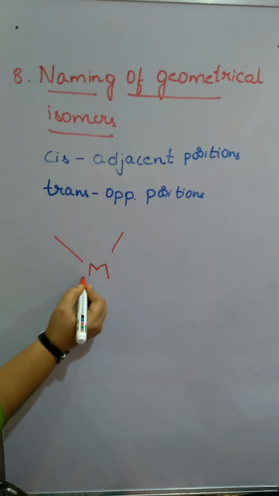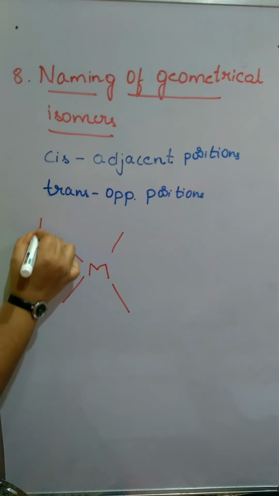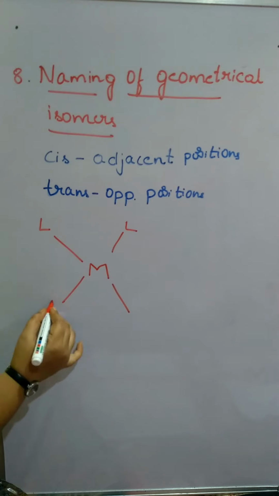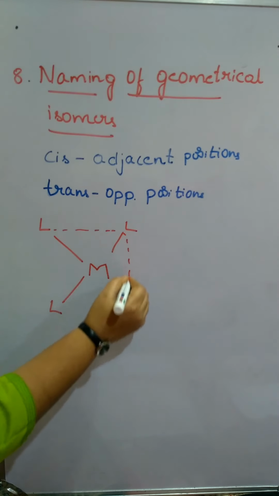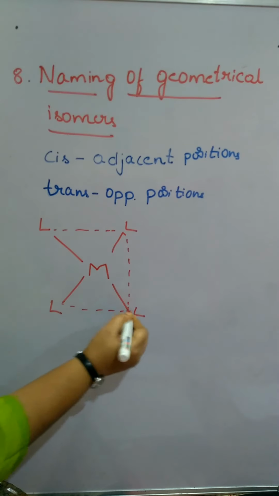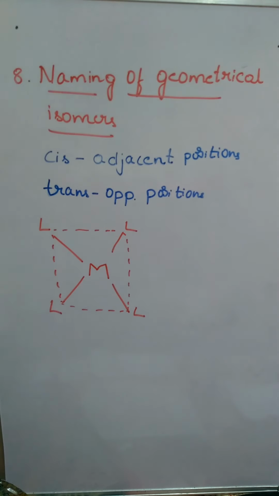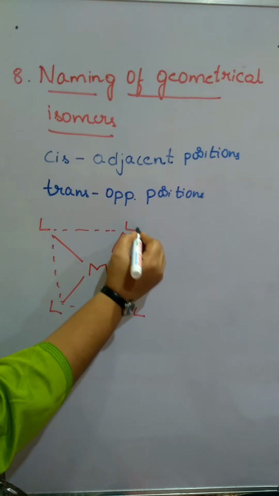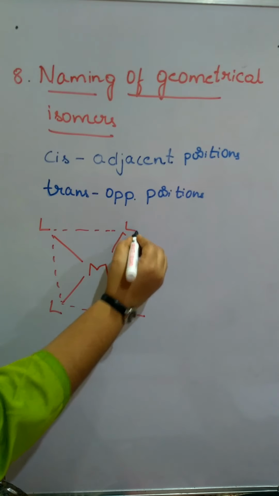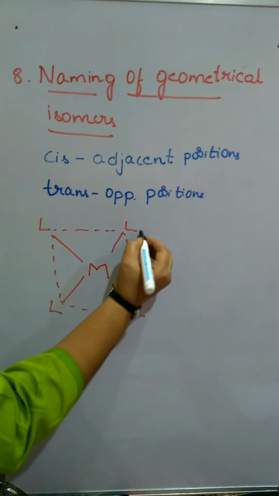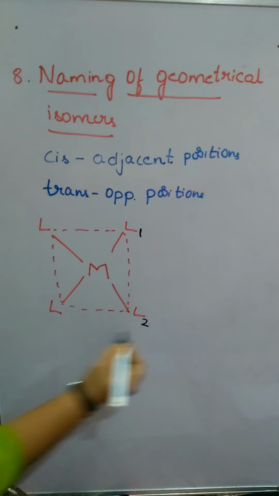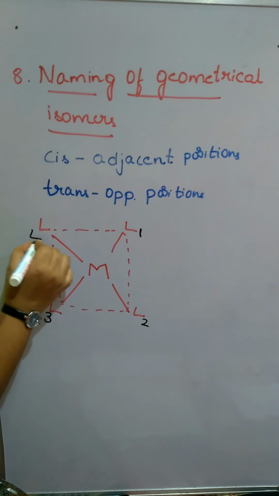So the central metal is bonded to ligands. We shall mark the positions here: 1, 2, 3, 4.